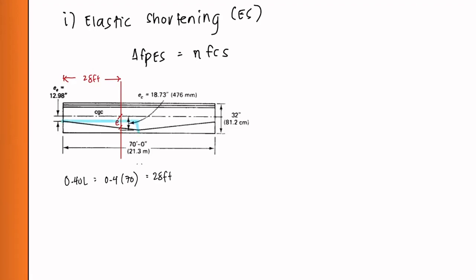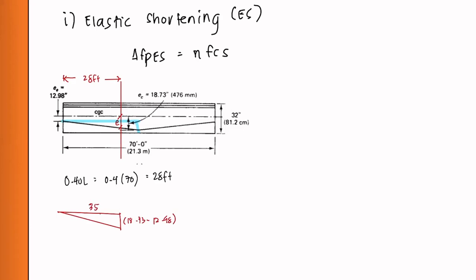Yung height nito is yung eccentricity natin, so 18.73 minus yung 12.98. And then yung distance nito is 28. Yung half natin, so 35 yung half.